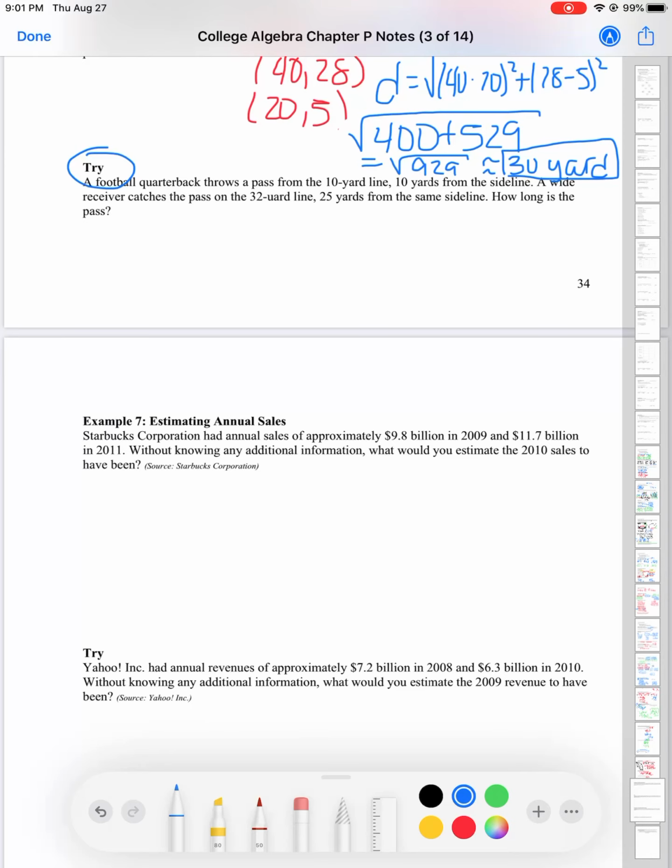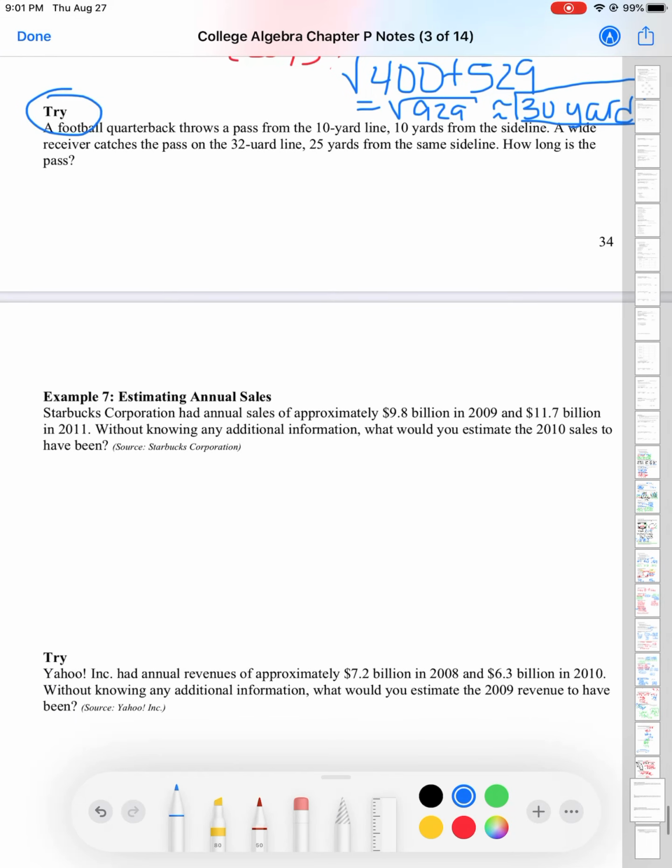Example 7, estimating annual sales. So Starbucks Corporation had an annual sales of approximately $9.8 billion in 2009 and $11.7 billion in 2011. Without knowing any additional information, what would you estimate the 2010 sales to have been? So, what I noticed is that 2010 is right in the middle of 2009 and 2011.